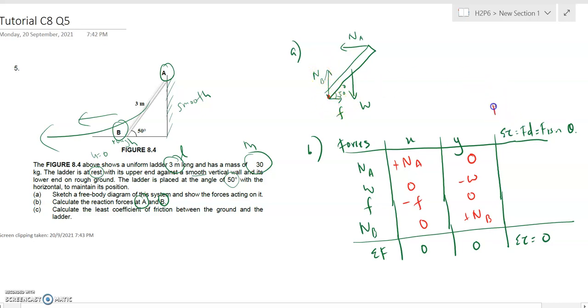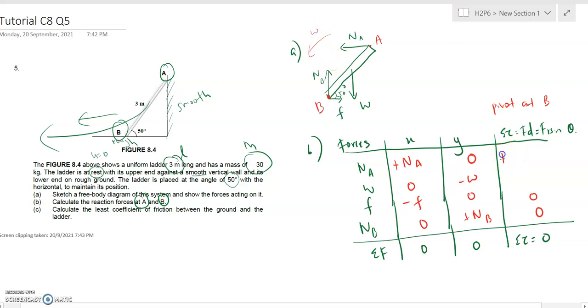So when my pivot is at B, what happens to the torque? The torque for NB and friction becomes 0, because any force at the pivot has zero torque. Imagine you place a ruler and hammer a nail through the pivot. NA turns the ruler, so it becomes anti-clockwise.